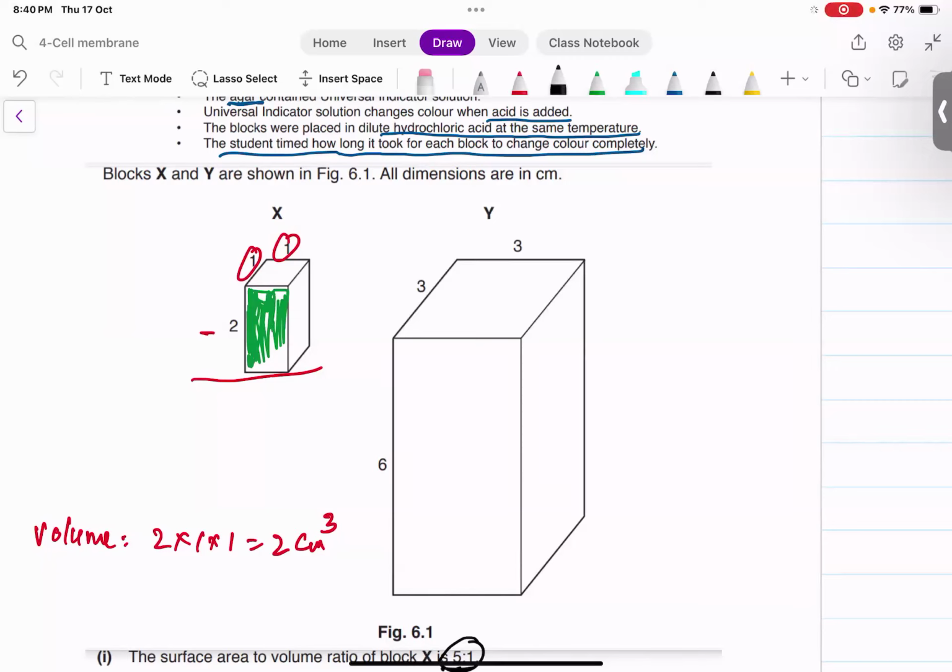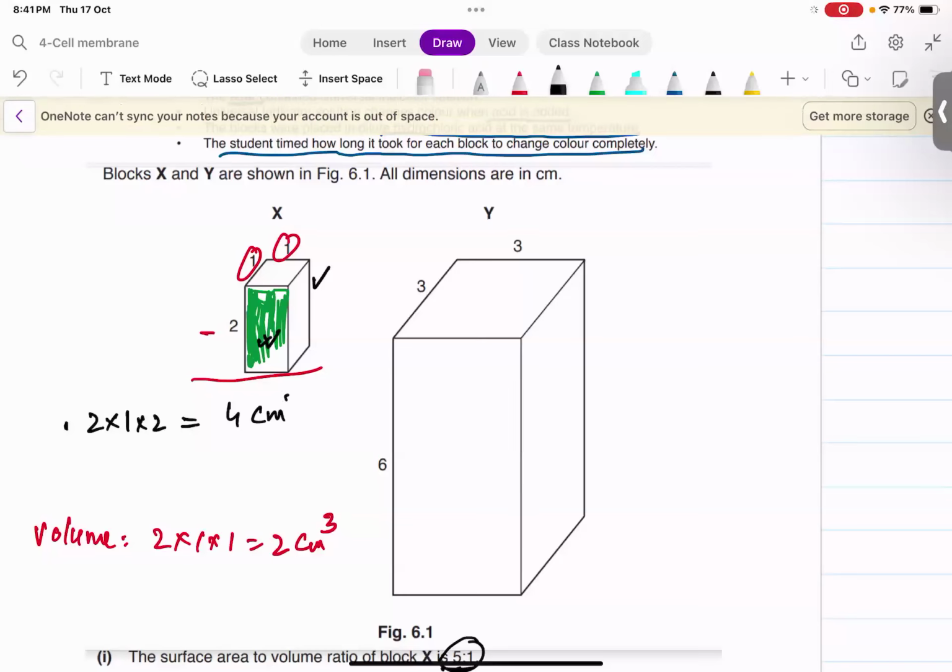So the surface area of this side will be 2 into 1, and as there are two surfaces, one is this and the other is on the other side, we will multiply it by 2. That would give us 2 twos are 4 square centimeters.